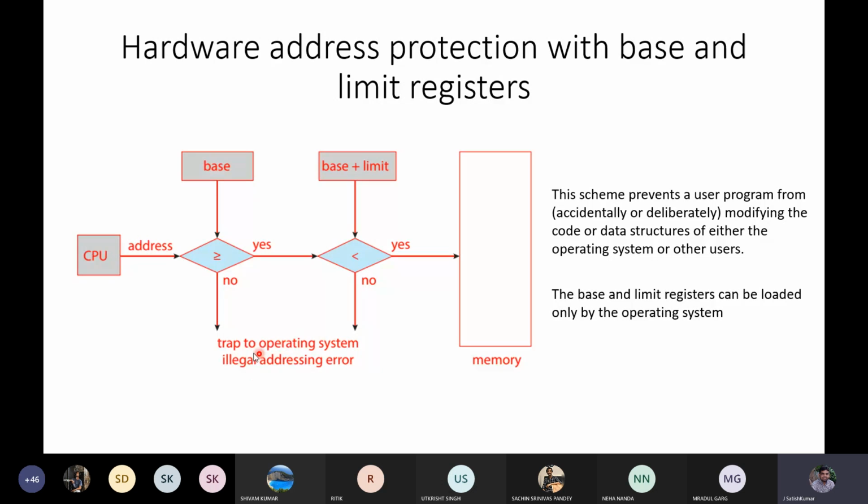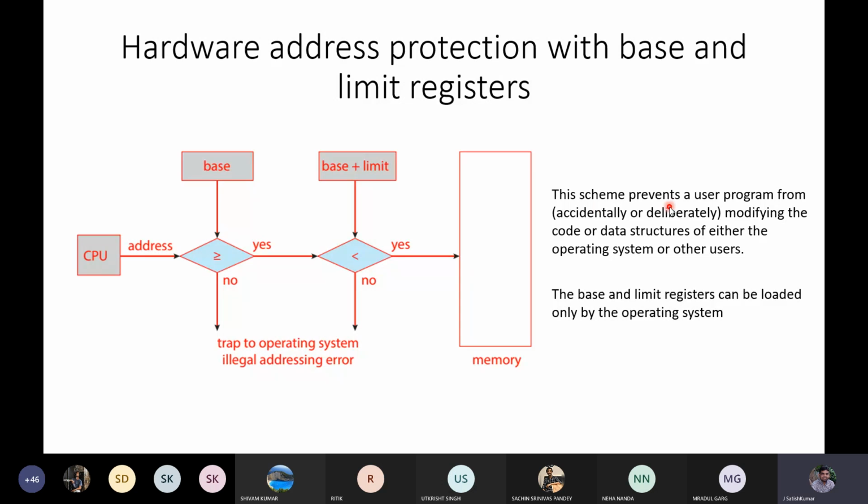The operating system will generate an illegal addressing error. Then if both conditions are satisfied, if the CPU generated address is greater than or equal to base and less than or equal to base plus limit, then it will be allowed to access the main memory.